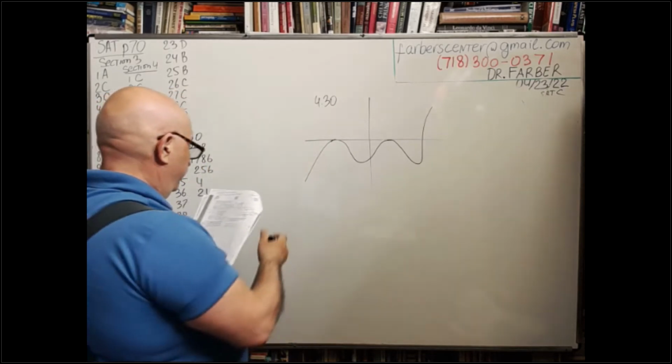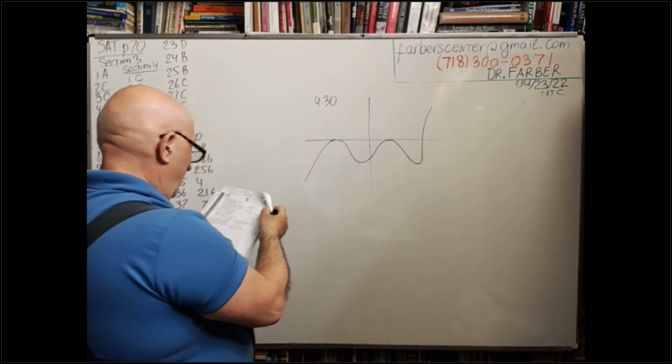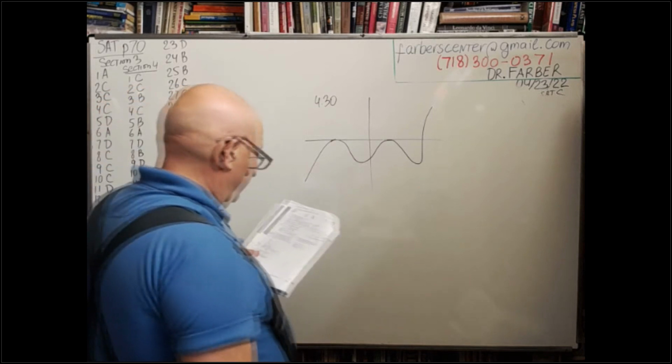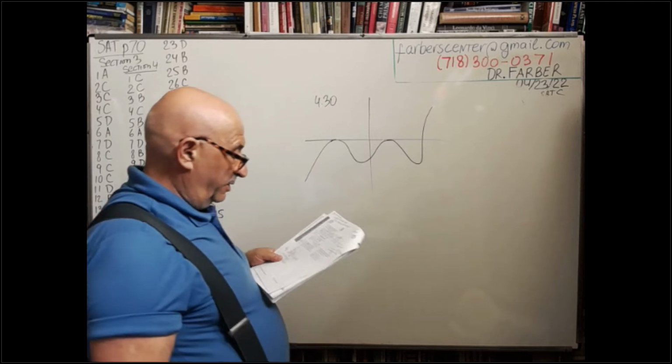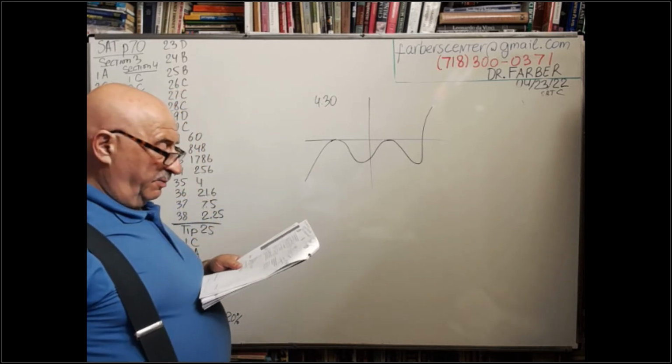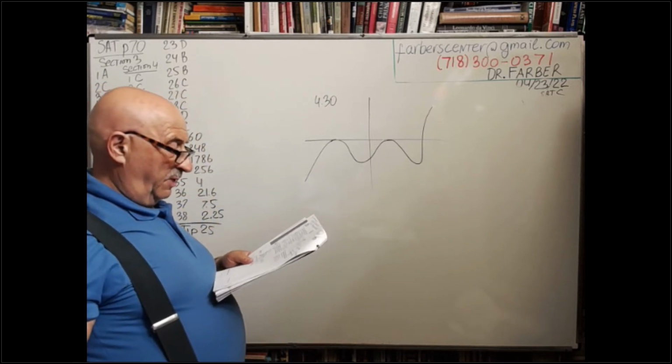All zeros of the polynomial are shown in the graph above. Which of the following could be the equation of f of x?